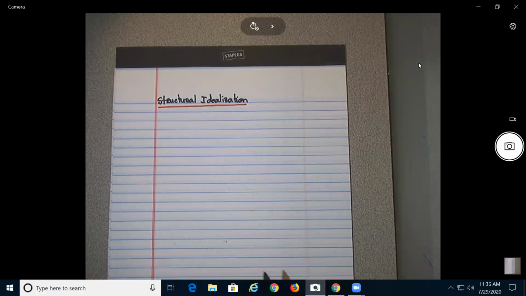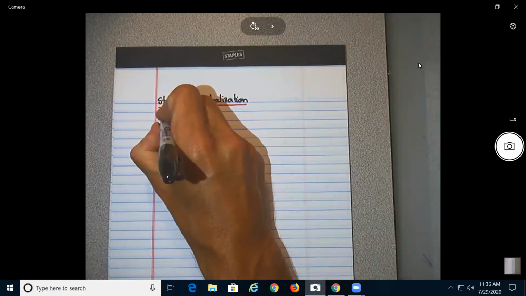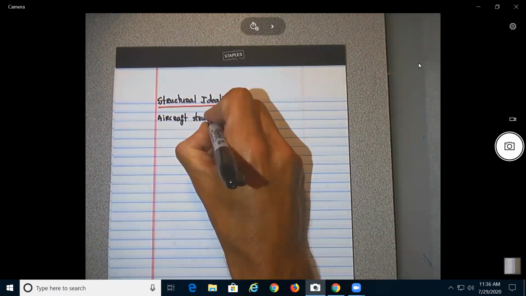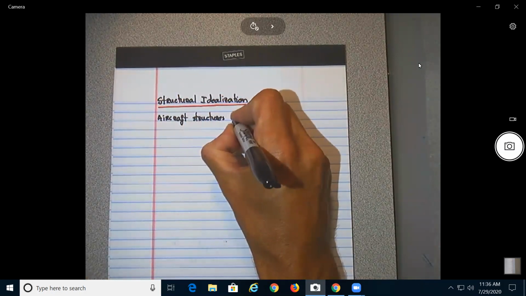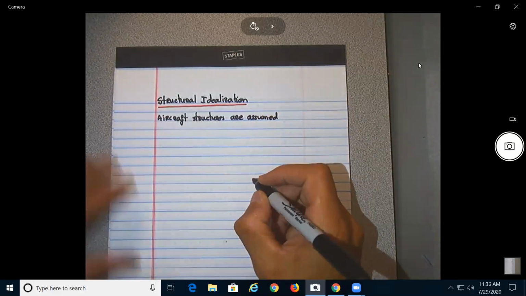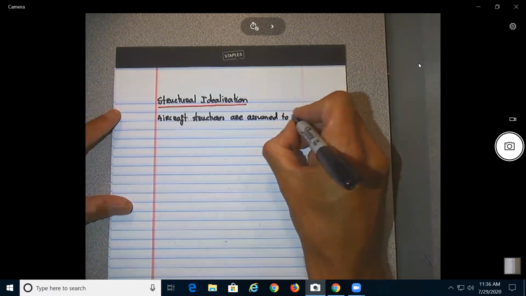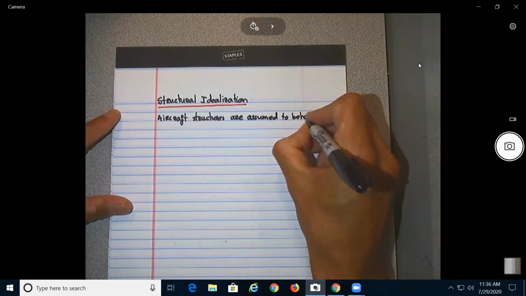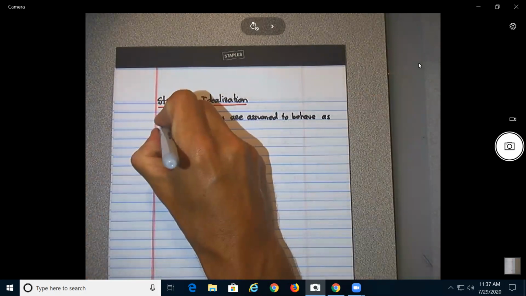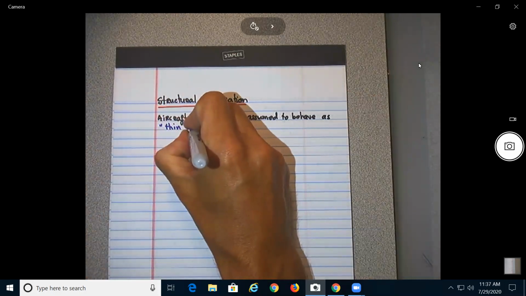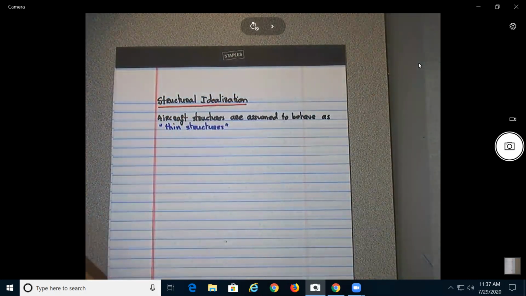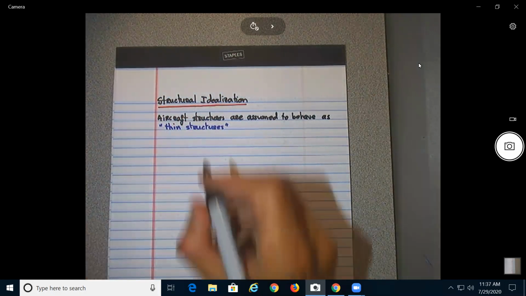All right, so what we learned so far is that aircraft structures are assumed to behave as something that we define as thin structures, which implies what?